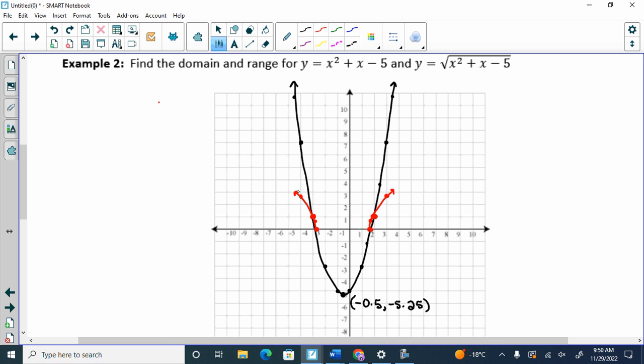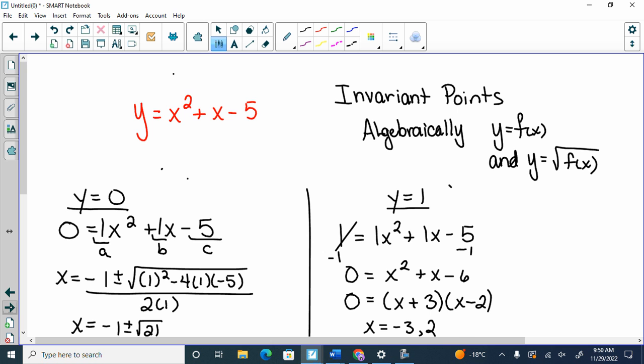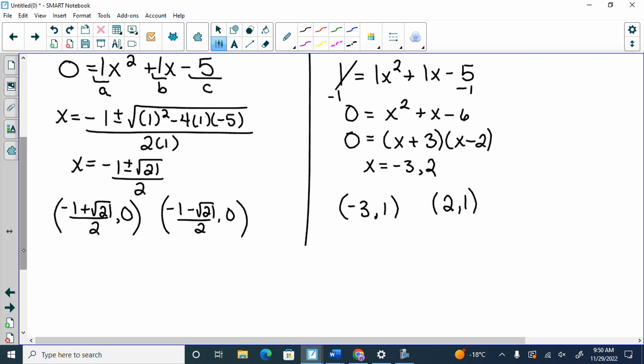Okay? So what is my range for this one? And I mean the y equals root f of x graph. What's the range? 0. Or y such that y is greater than or equal to 0. Yep. What's my domain? Nope.